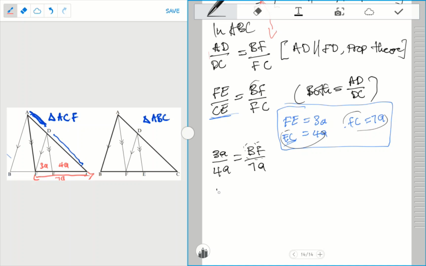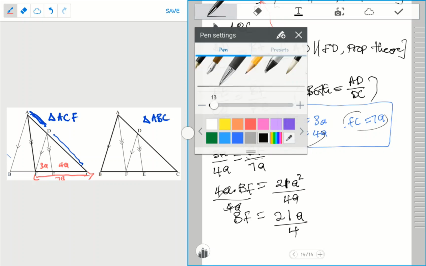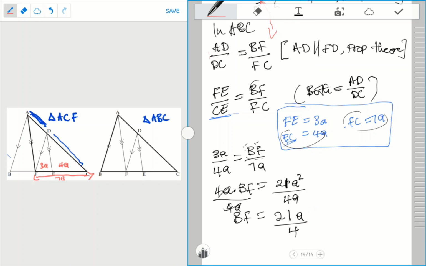We are going to have 4A multiplied by BF, which is equal to, when cross multiplying, 3 times 7 is 21A squared. Okay, let's divide by 4A, divide by 4A. So basically BF is equal to 21A over 4. Okay, so let's take note of this.